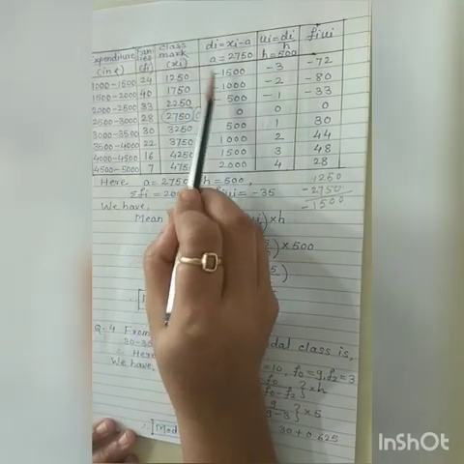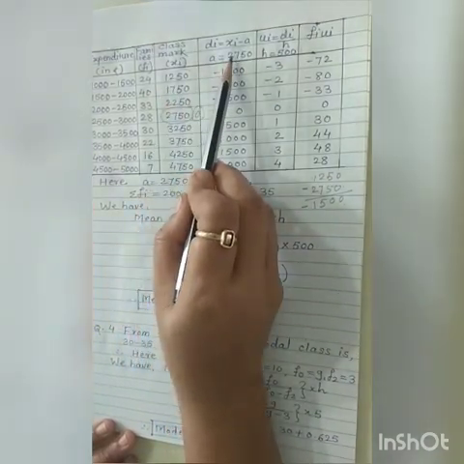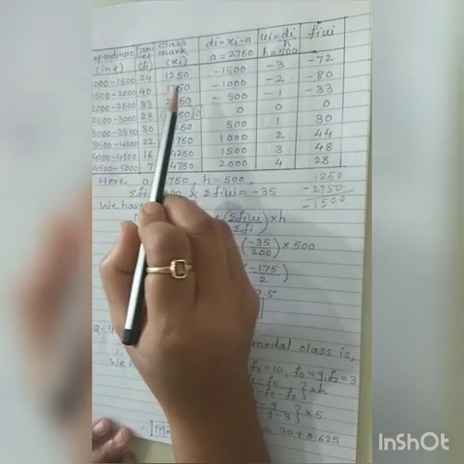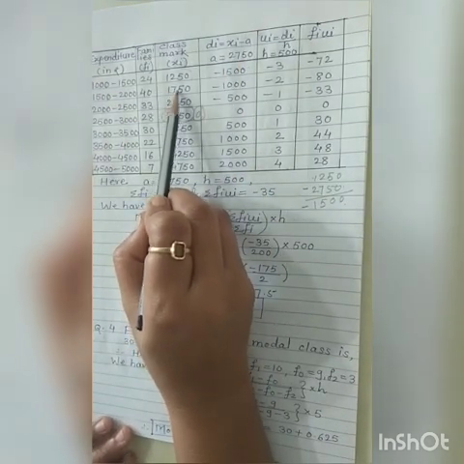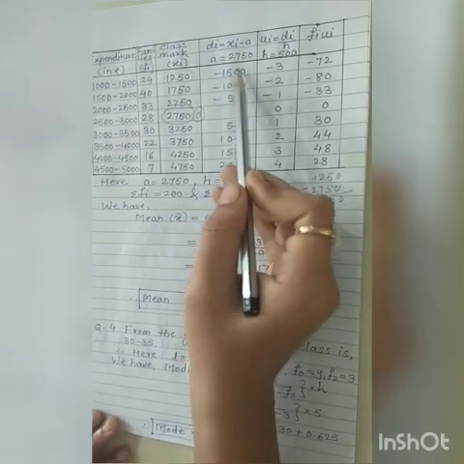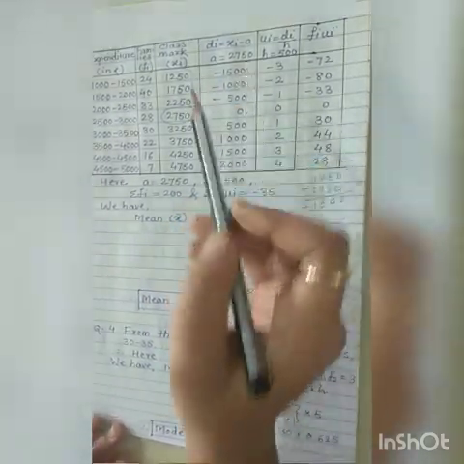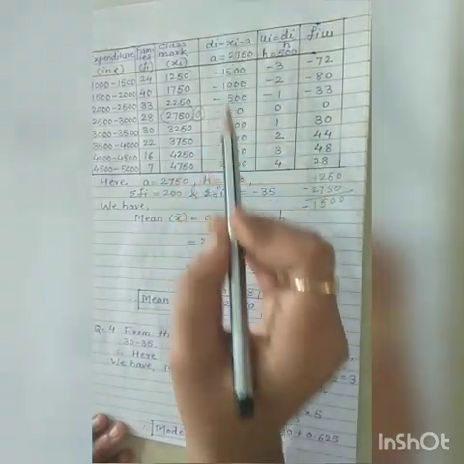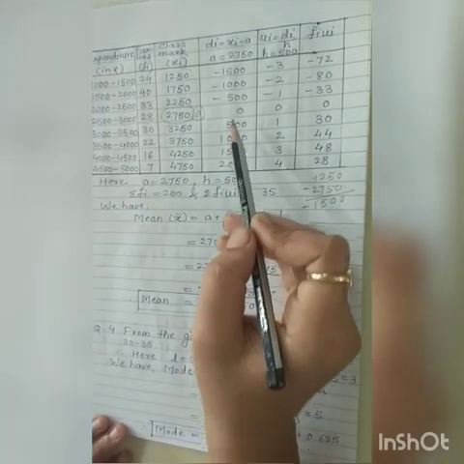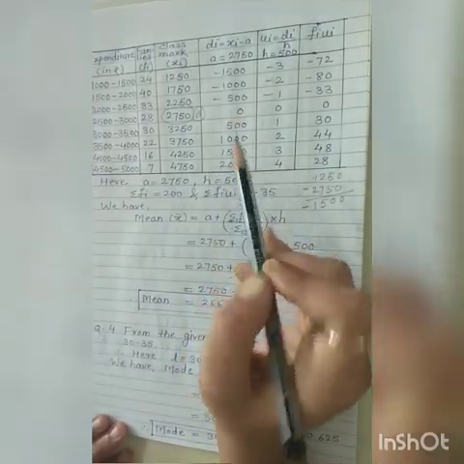Now the next value, that is minus 2750 plus 1750, is minus 1000. So these values we get after subtracting the assumed mean from xi. These values we got here.